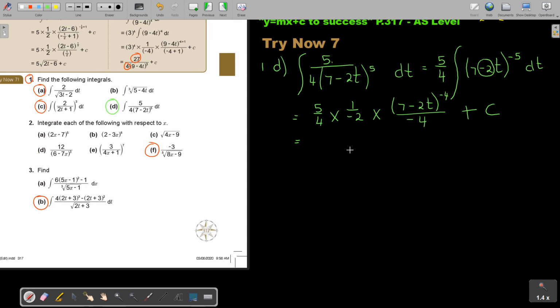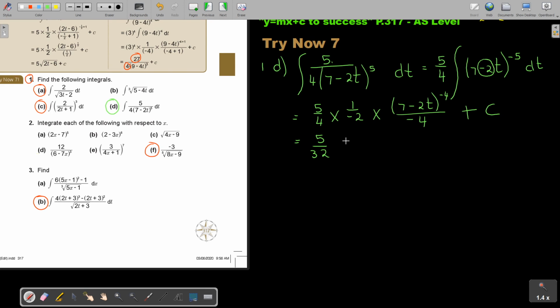Okay, now I can simplify that. I'm going to make it a little bit long and say it's 5 there on top. Down for a negative times a negative is positive. So 4 times 2, that will be 8. And then 8 times 4, that will be 32.